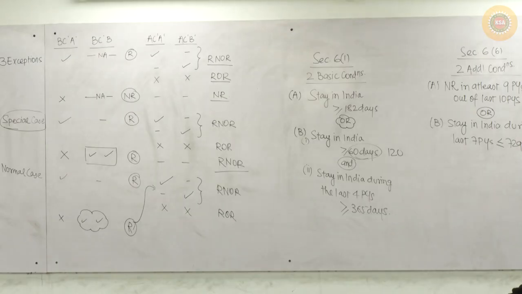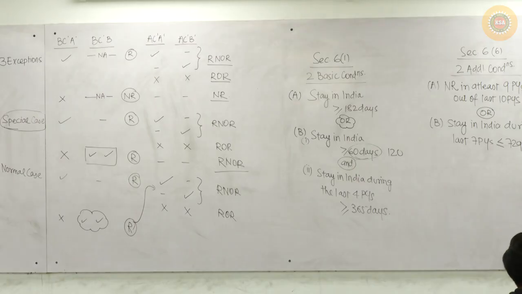And if you are covered in 6(1)(a), we will not allow you to become a non-resident. The moment you become a deemed resident as per 6(1)(a), by default you will be RNOR. Got it, sir? I've tried my best to simplify this thing. I hope the things are simple.